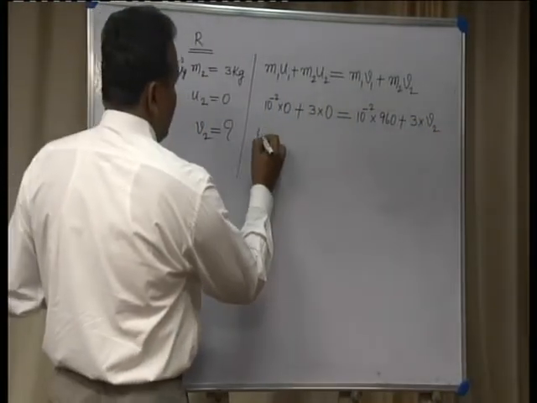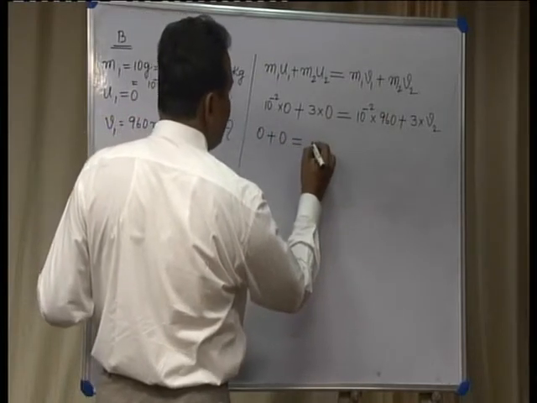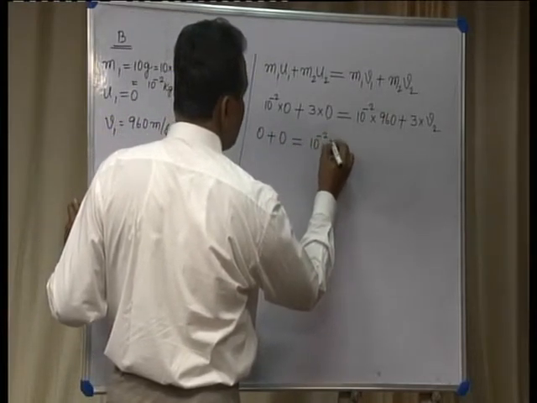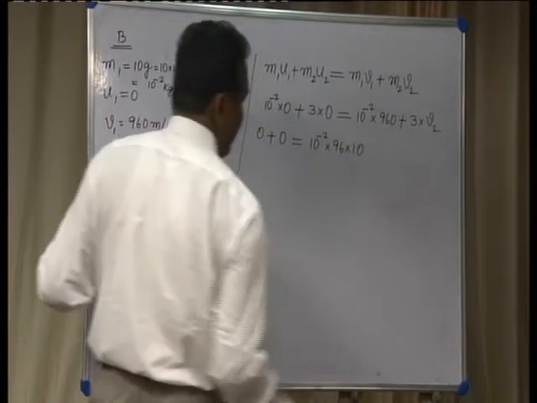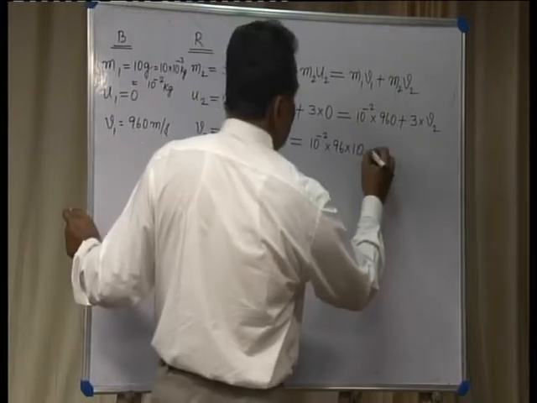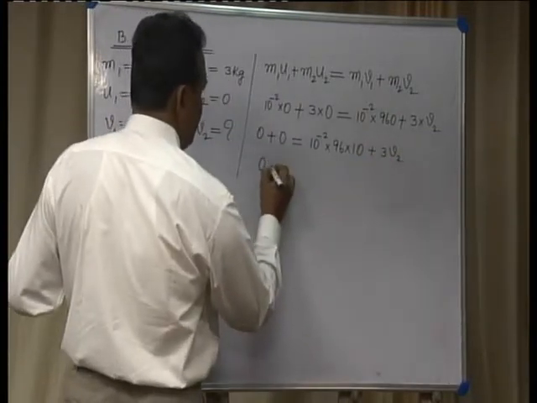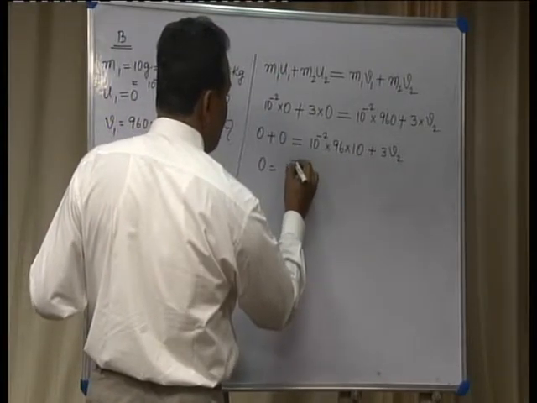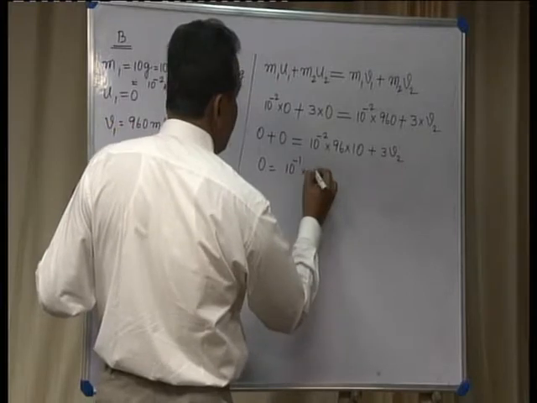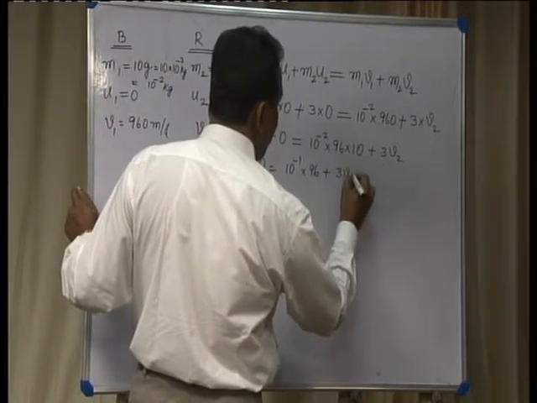0 into anything is 0. So the right hand side is 10 power minus 2 into 960, which I will rewrite as 96 into 10, plus 3 times v2. 0 plus 0 is 0. When bases are the same, the powers are added, so it becomes 10 power minus 1 into 96 plus 3 times v2.